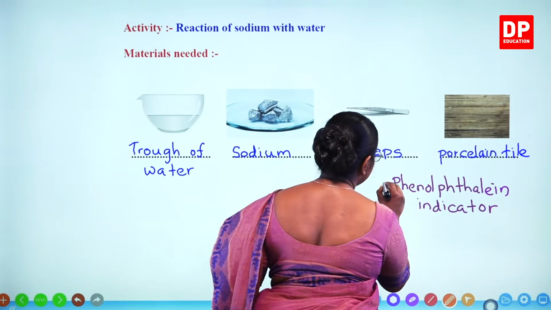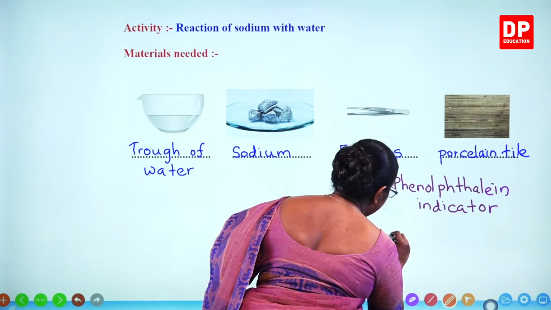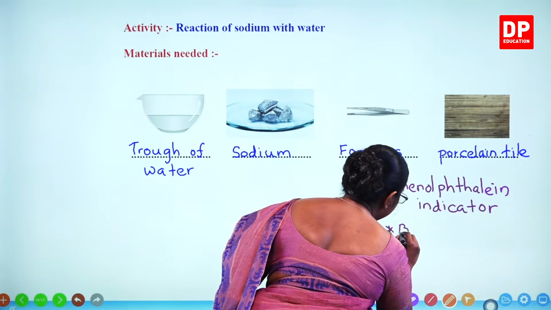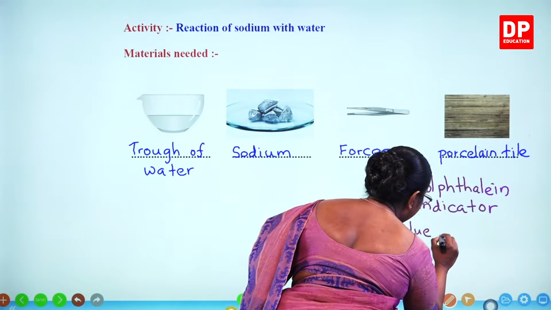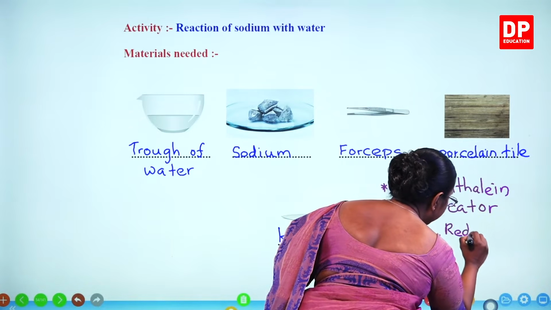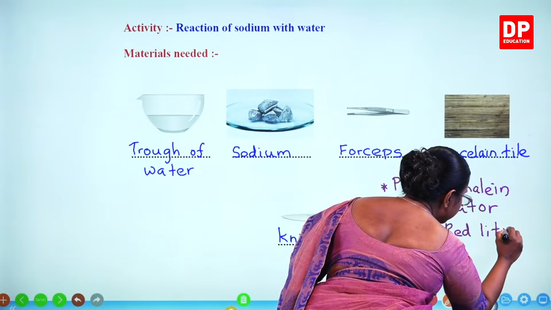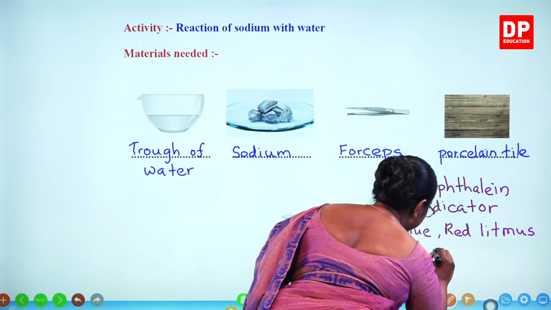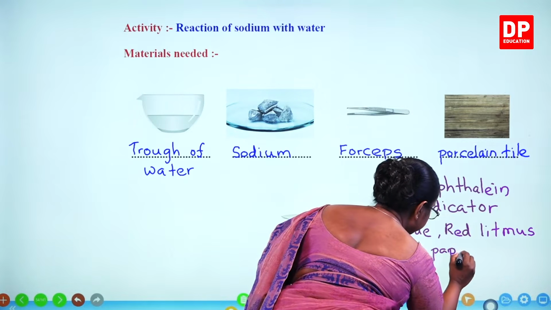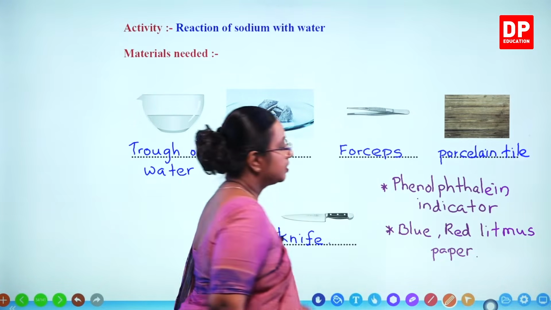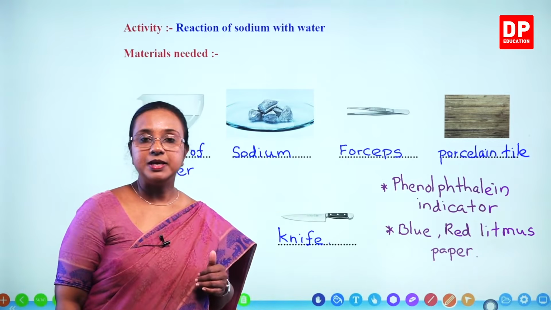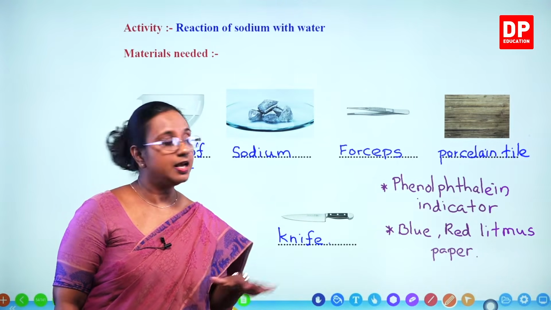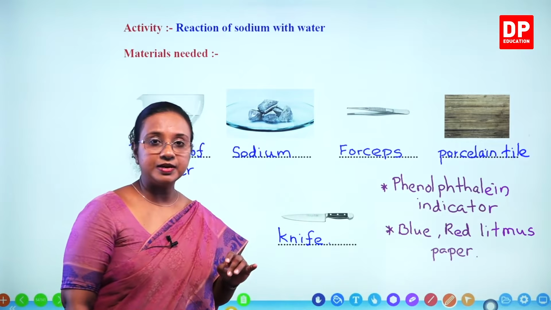So here we have phenolphthalein and also blue and red litmus papers. So this is how we will be doing the activity. I have explained what we do first.